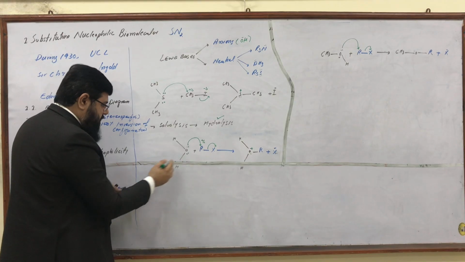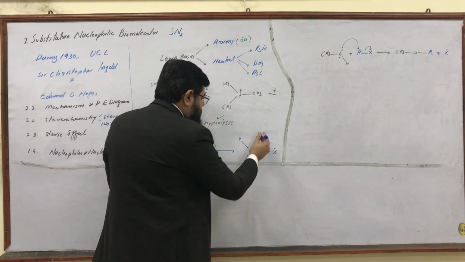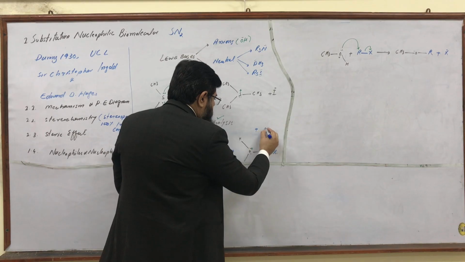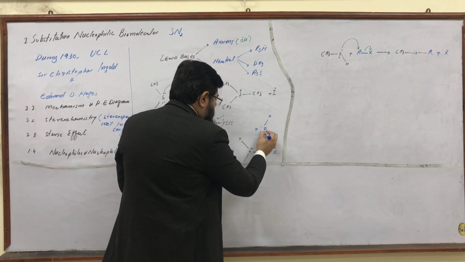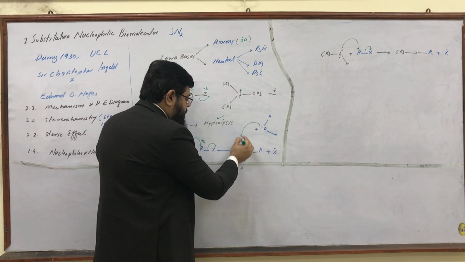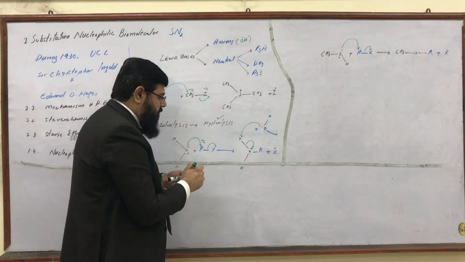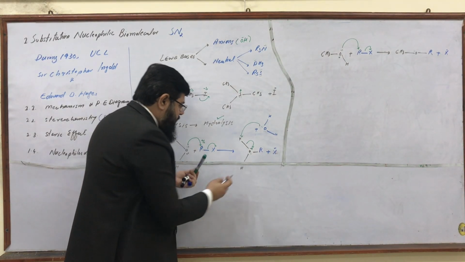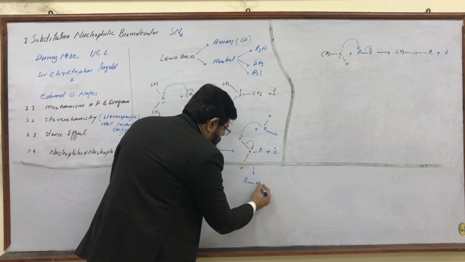So in the second stage, another water molecule will attack this unstable species and abstract one of the hydrogen atoms, and this bond pair will be shifted to this oxygen, and ultimately the product will be in the form of alcohols.